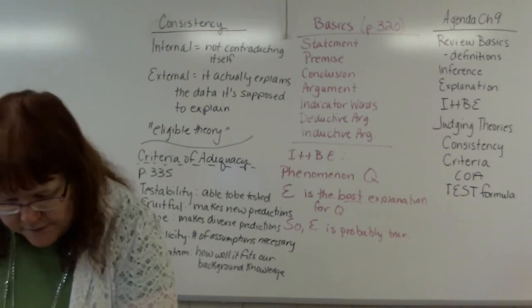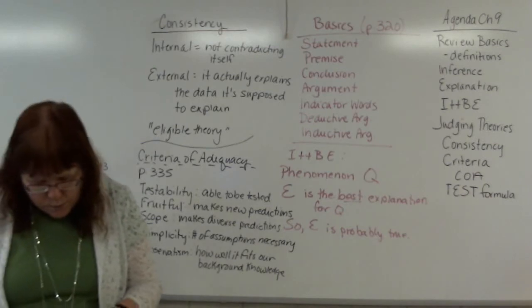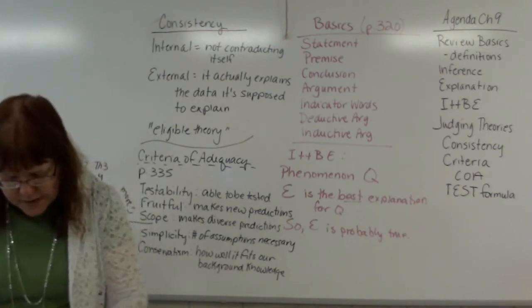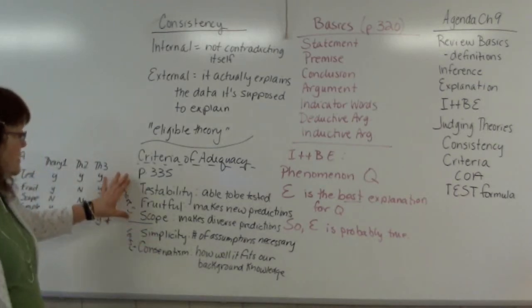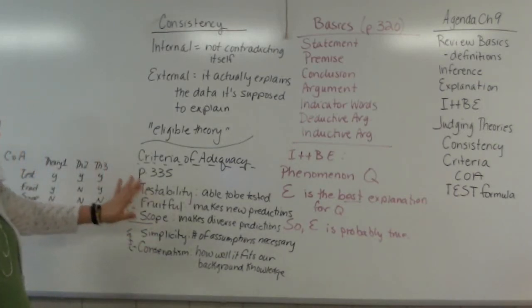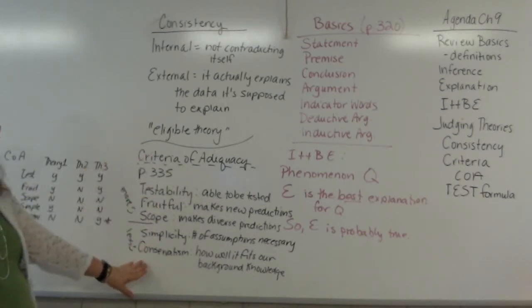And then we have, at the bottom of 347, a couple of things about explanations about this criteria of adequacy, okay? There is no strict formula for determining how we go about doing this, okay?